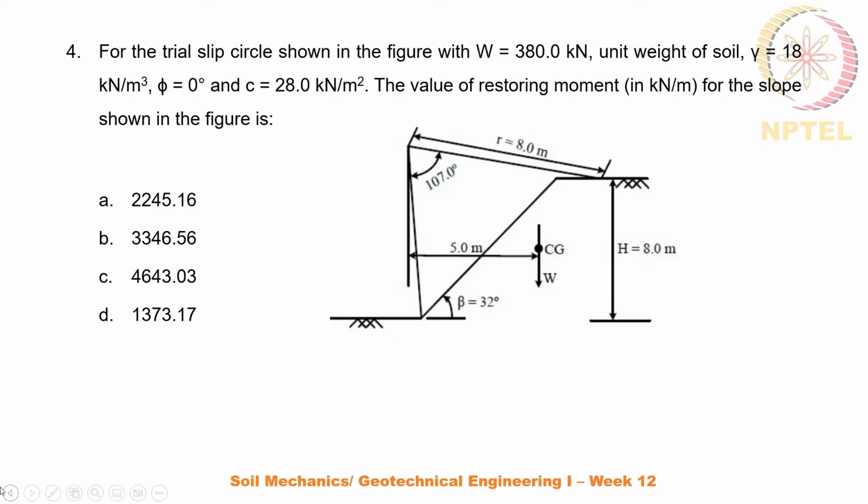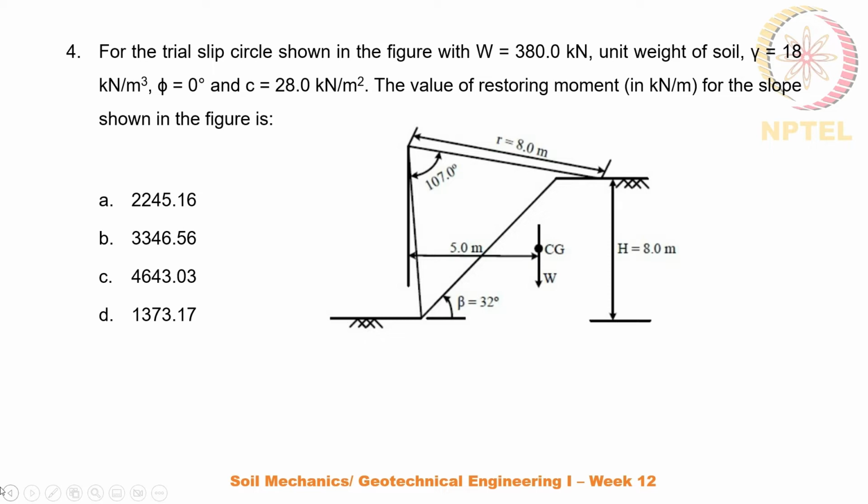For the trial slip circle shown in the figure with W is equal to 380 kilonewton, unit weight of soil gamma is equal to 18 kilonewton per meter cube, angle of internal friction phi is equal to 0 degrees, and cohesion C is equal to 28 kilonewton per meter square. The value of restoring moment in kilonewton per meter for the slope shown in the figure is.